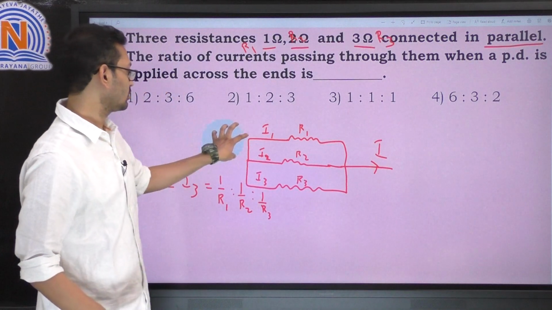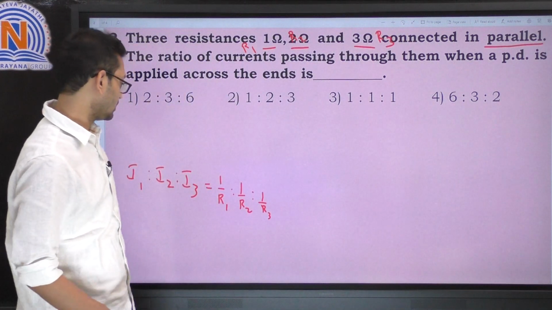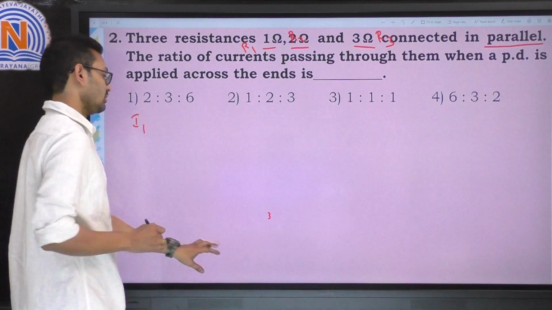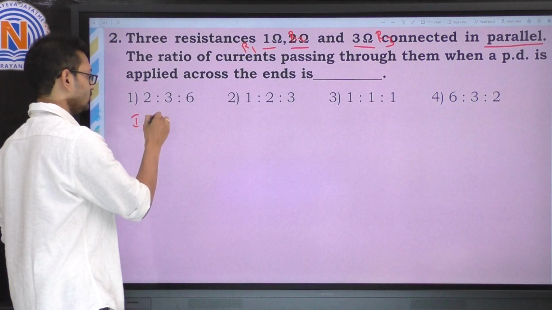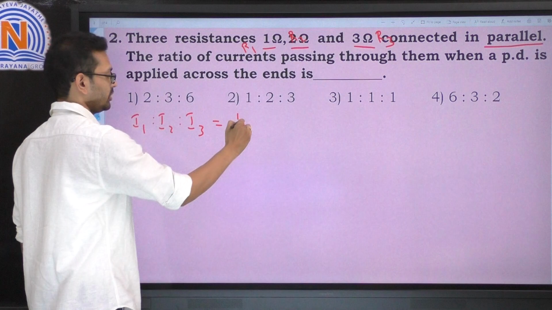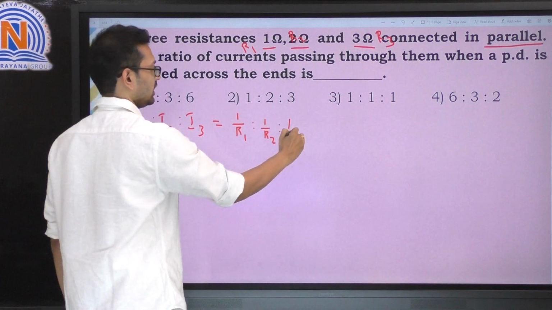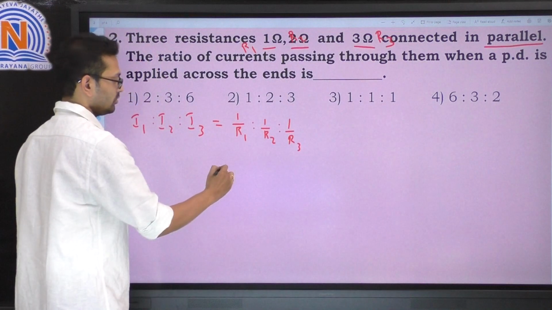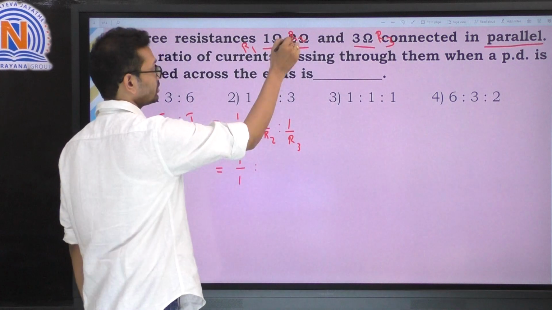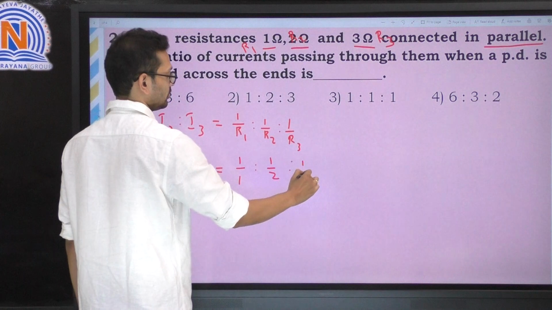Now I would like to apply this concept over here. I'll write it again: I1 is to I2 is to I3 equals 1 by R1 is to 1 by R2 is to 1 by R3. Now here R1 is 1, R2 is 2, R3 is 3 ohms, so 1 by 3.